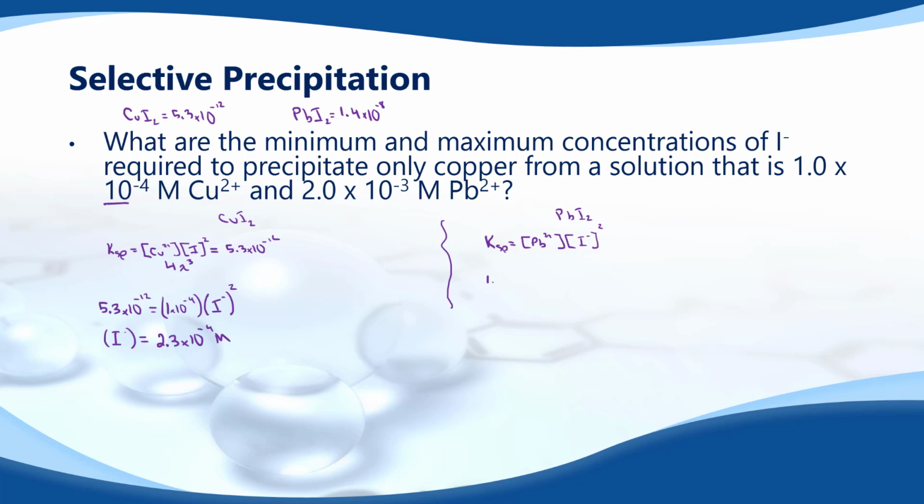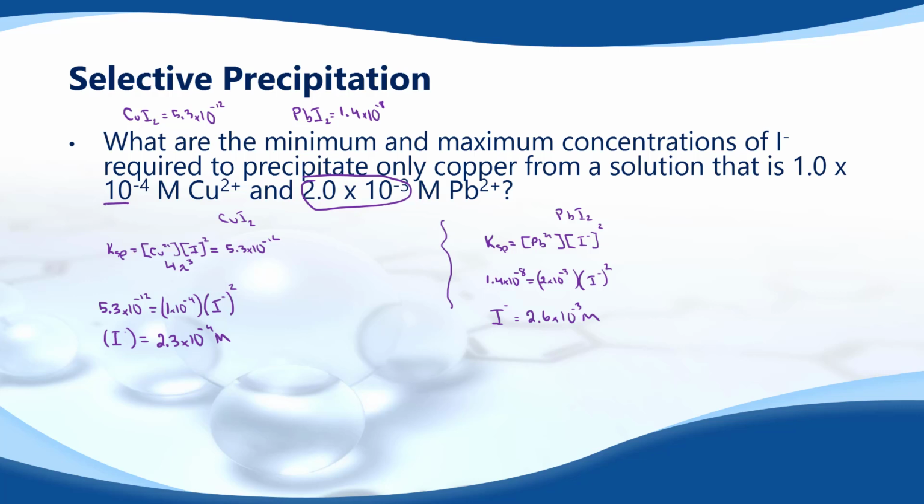So we're going to get 1.4 times 10 to the minus 8th is equal to my concentration of lead, which is right here, 2 times 10 to the minus 3rd, times I minus squared. Solve for I minus, and that's going to give me 2.6 times 10 to the minus 3rd molar.